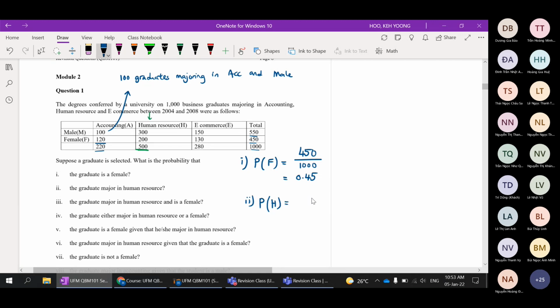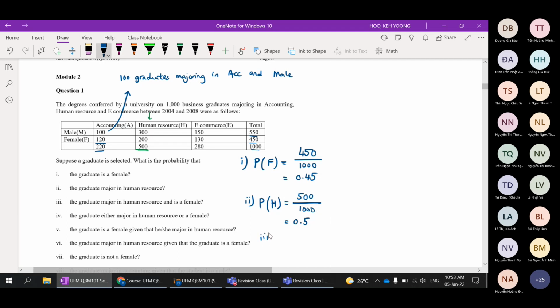The total for human resource is 500, then divide by the grand total 1,000, you will get the probability: 0.5. That means you have a 50% chance of selecting a graduate majoring in human resource when you randomly select.